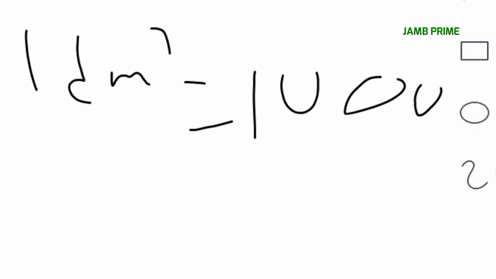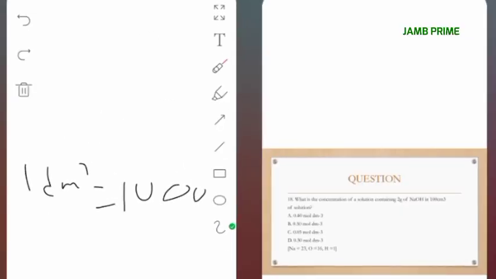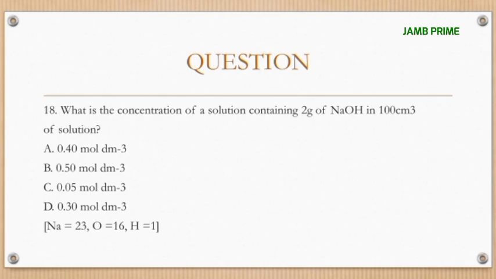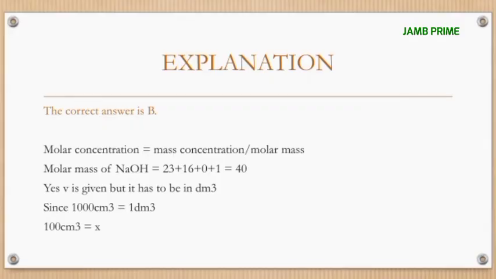So yeah, 1 decimeter cube is actually equal to 1000 centimeter cube. Moving on to the solution, we said molar concentration equals mass concentration all over the molar mass.